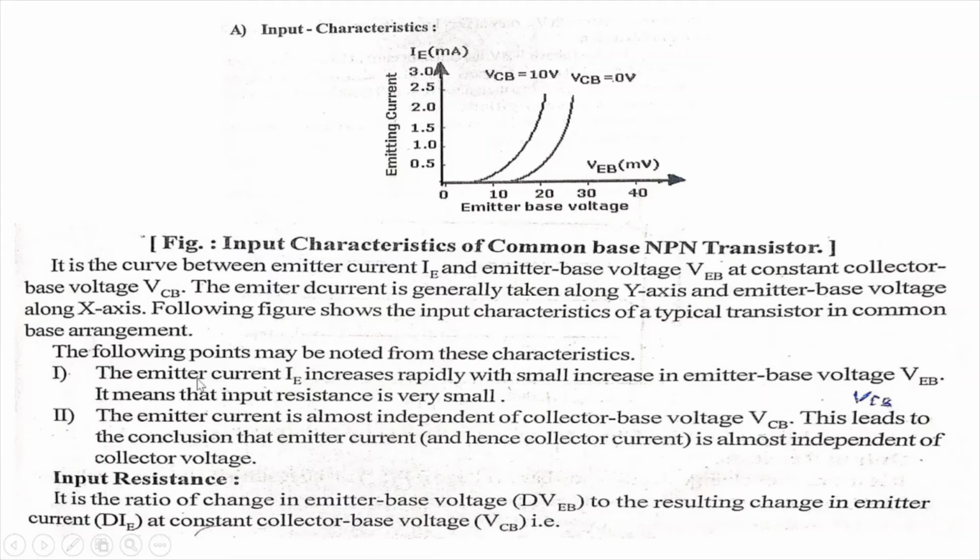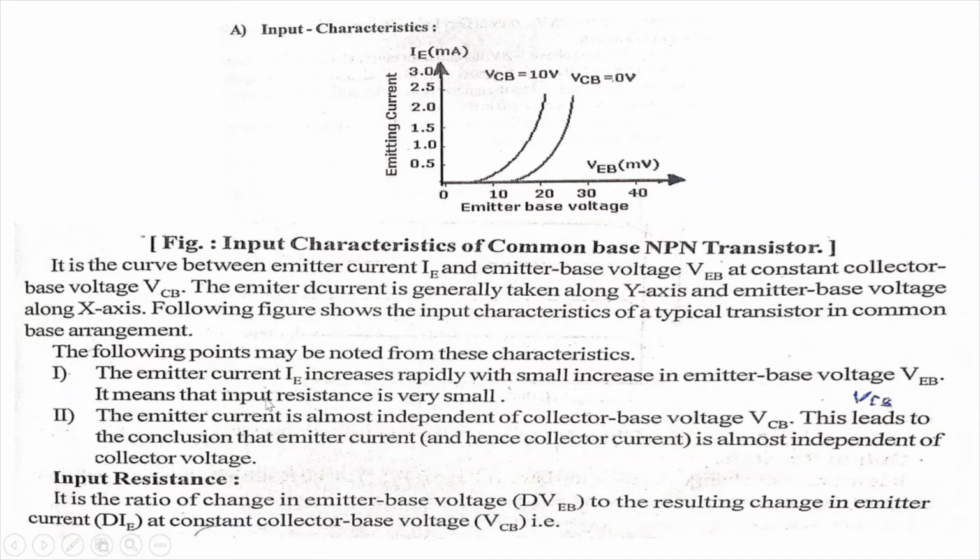Now, these points may be noted from this characteristic. See, first, the emitter current IE increases rapidly. See in figure, as shown by that curve, that IE increases rapidly with small increase in emitter base voltage VEB.